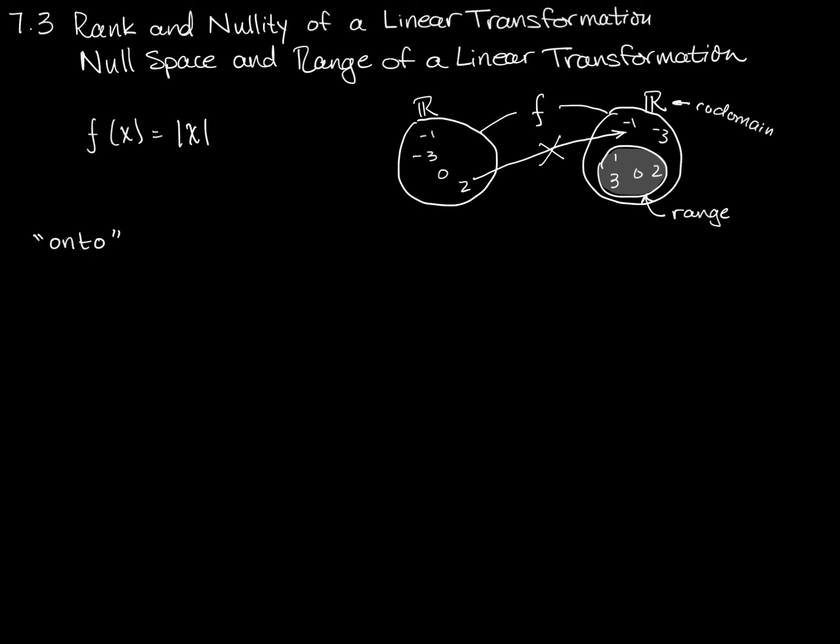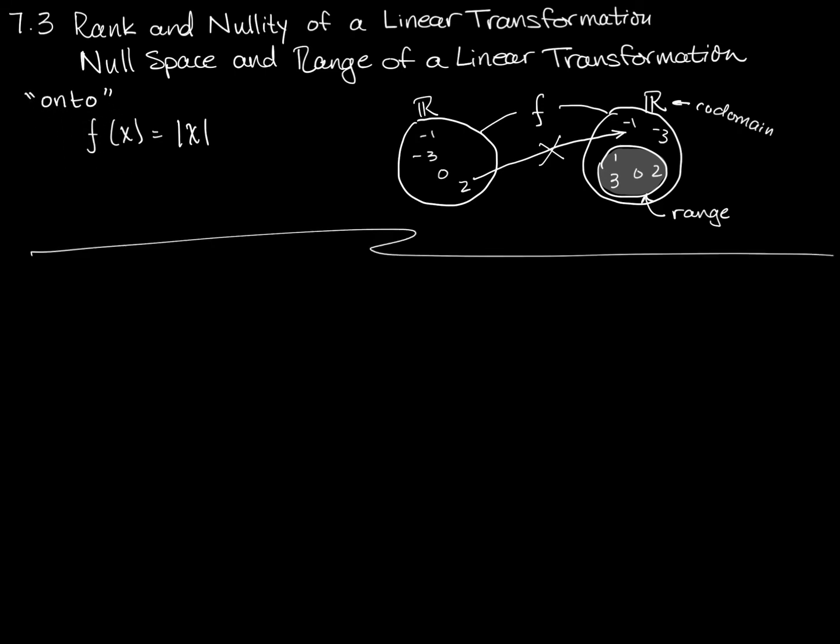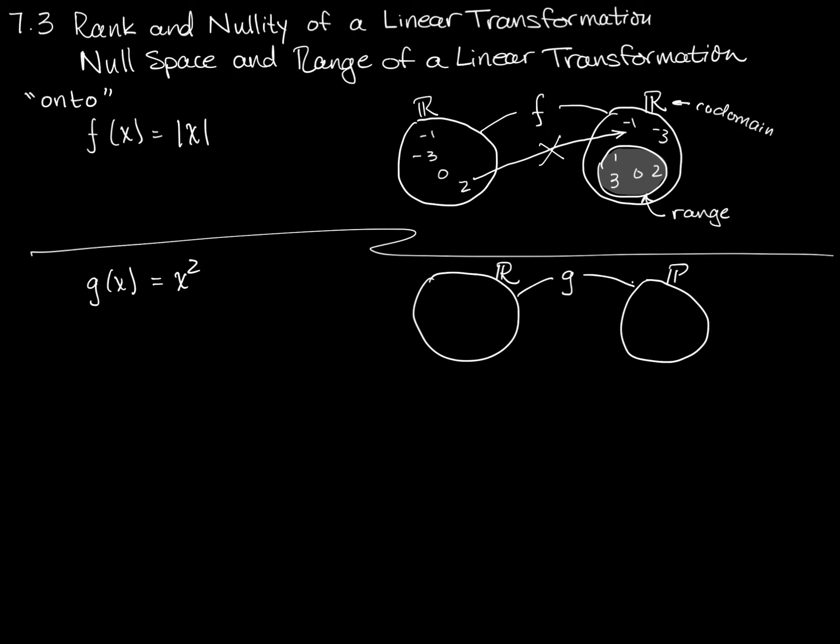If I take a different function, let me move this up just a little bit, I'll put that here. And then I will introduce a different function, g of x equals x squared. It's going to have a similar problem, right? If the domain is all real numbers and the codomain is all real numbers, then I could take a -1 or a +1 here.